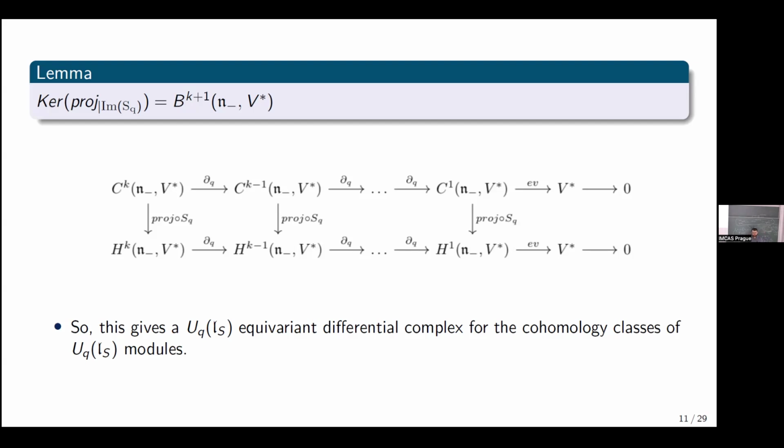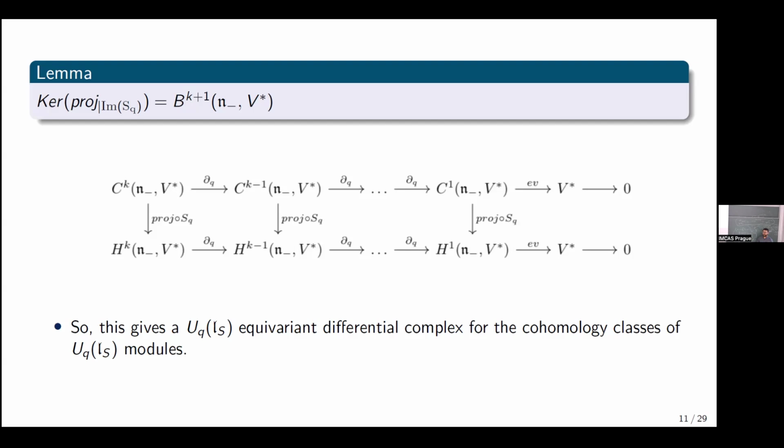So in the end, we know the first line, we have the Kostant differential. And all this machinery, what we have done in the last slide or the slide before, is actually to get a UQL equivariant differential complex on the cohomology classes of UQL modules. So this is the part we get from the Kostant differential.